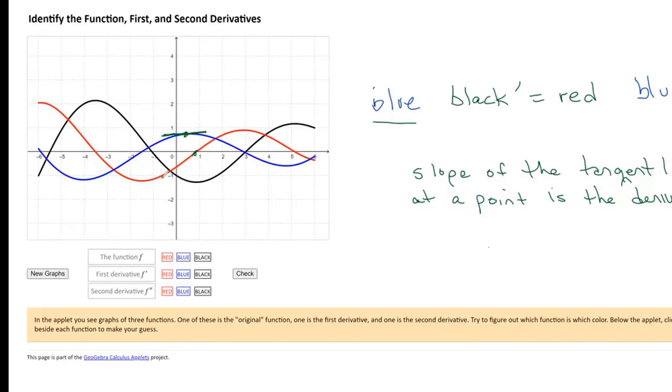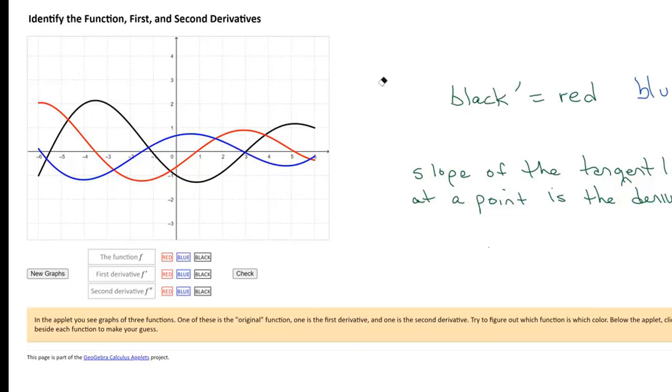It doesn't look like anything's zero there. I feel like if blue is my original function, then the derivative should be black, but that derivative is not at zero. It's at negative. That's not true. We're just going to check. We're not going to assume.